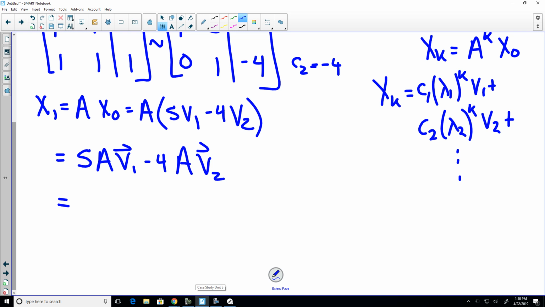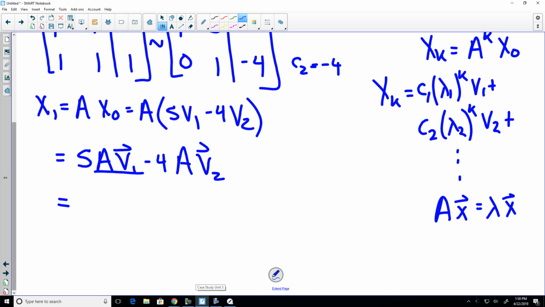So this guy right here is A times an eigenvector. And the whole property of eigenvalues and eigenvectors that we like is A times an eigenvector is the same as the eigenvalue times the eigenvector. So that's why we don't need to know what A is. And that's why we want to change x of 0 into eigenvectors.